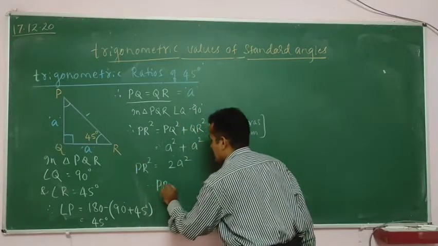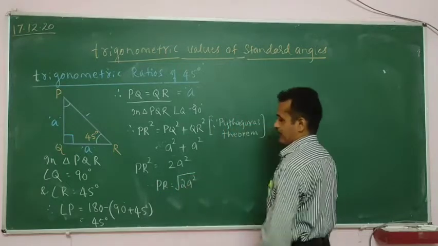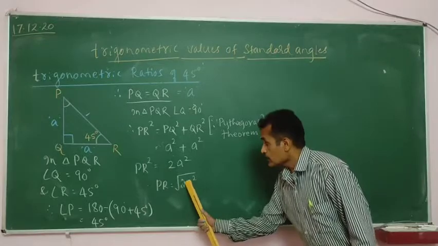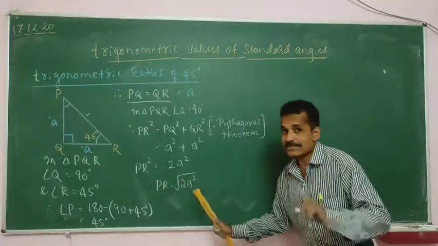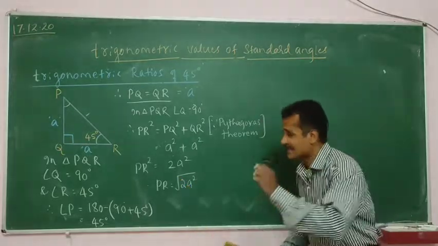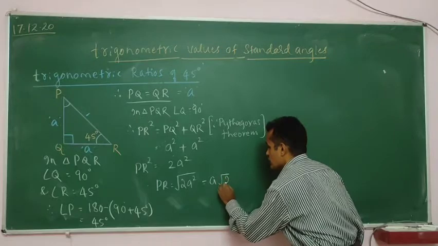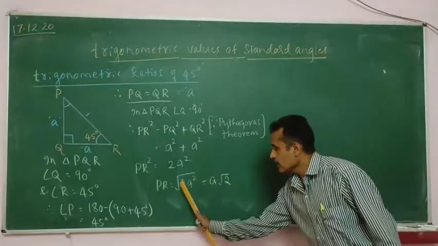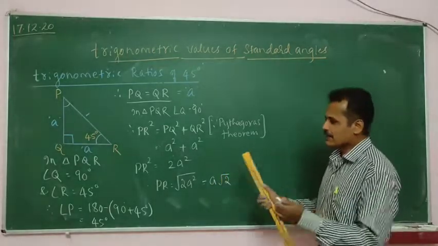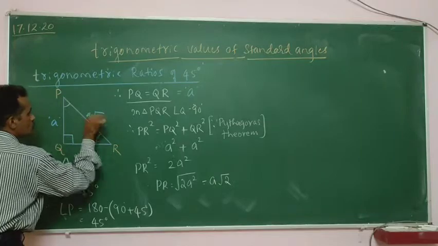Therefore, PR is equal to under root 2a square. The square root of a square is a, whereas root 2 will be as it is inside, so write it as root 2. That's why I got this length as a root 2.